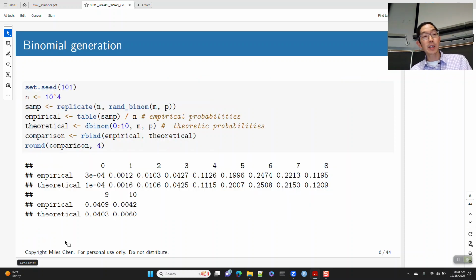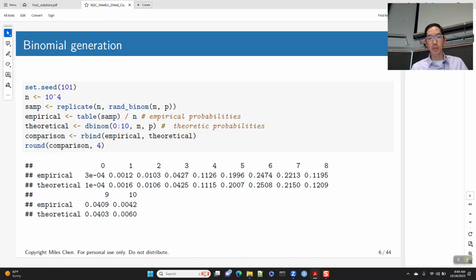I can try this out, and I can say, hey, let's try generating 10,000 values, 10 to the 4. And so I'm going to replicate 10,000 of these things. I'm going to take the function that I wrote, random_binomial, and then I'm going to ask R to table this.